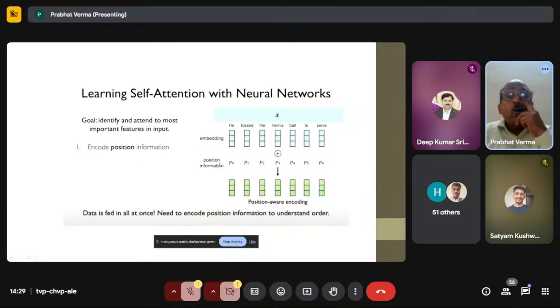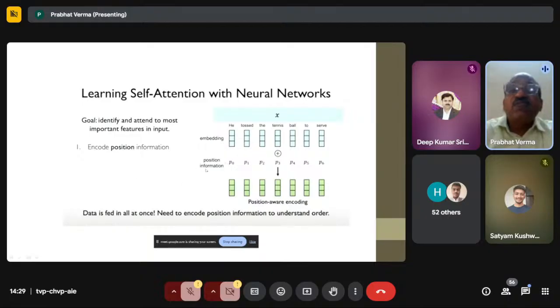Although you are now making use of a matrix for all the hidden information, you must still have the position information among the various cells. So this is a position-aware encoding. Even if you are not processing sequence by sequence, you must have the position information so that you are able to fulfill all four design criteria.